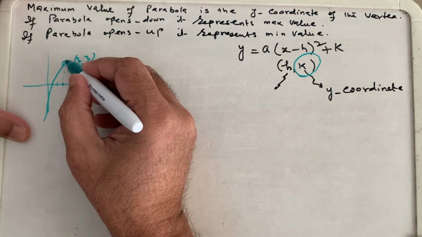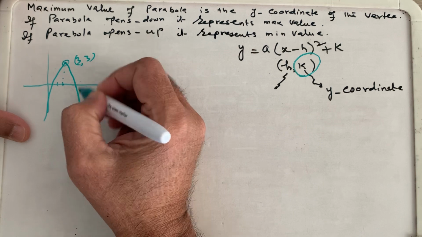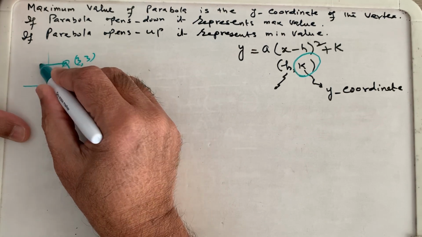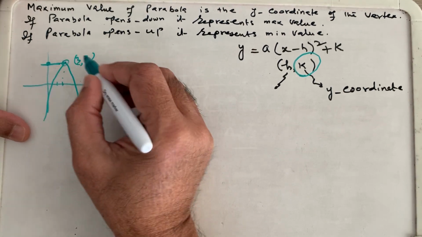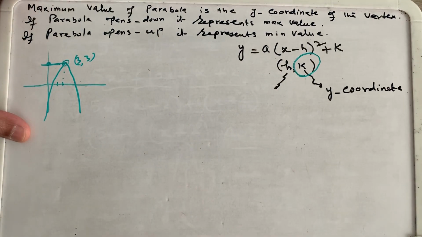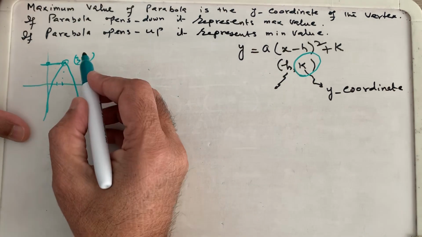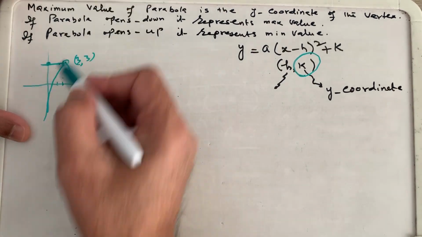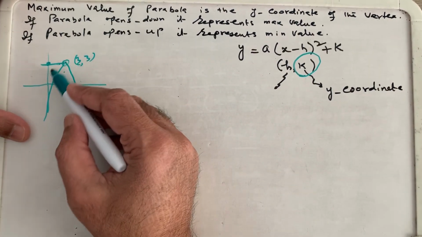Any parabola which is passing through this has a y-axis value. What is the y value here? The y coordinate is 3. So what is the maximum the parabola can go? The maximum the parabola can go is 3, and beyond that there is no point because it is opening downward.